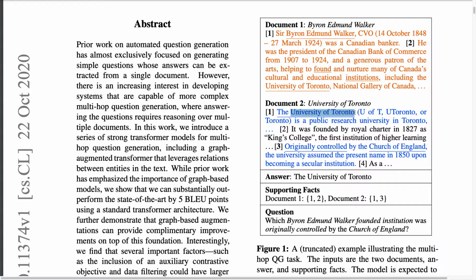For example, University of Toronto, let's say, could be linked to Research University, could be linked to institution, and so on and so forth. So this information is extracted using a named entity model and a coreference model, and is encoded and inputted as an additional input to the transformer model.